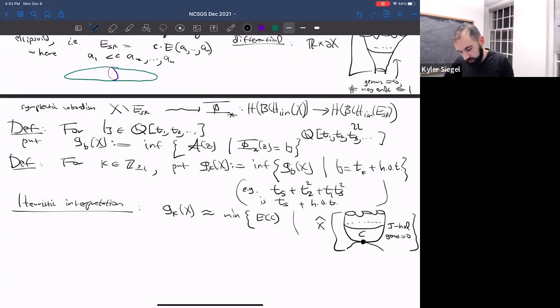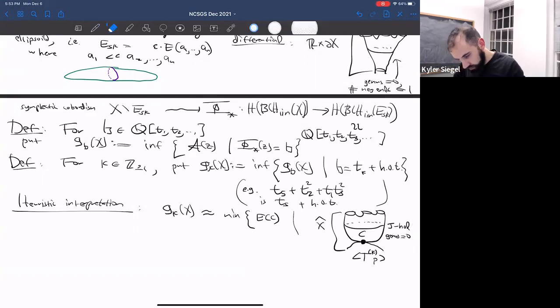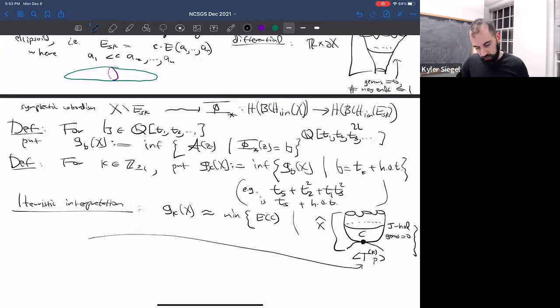I'll say what that is in a second, but I denote the local tangency constraint by TKP, an order K local tangency constraint. So yeah, let me explain roughly what this thing is. So this is a local tangency constraint.